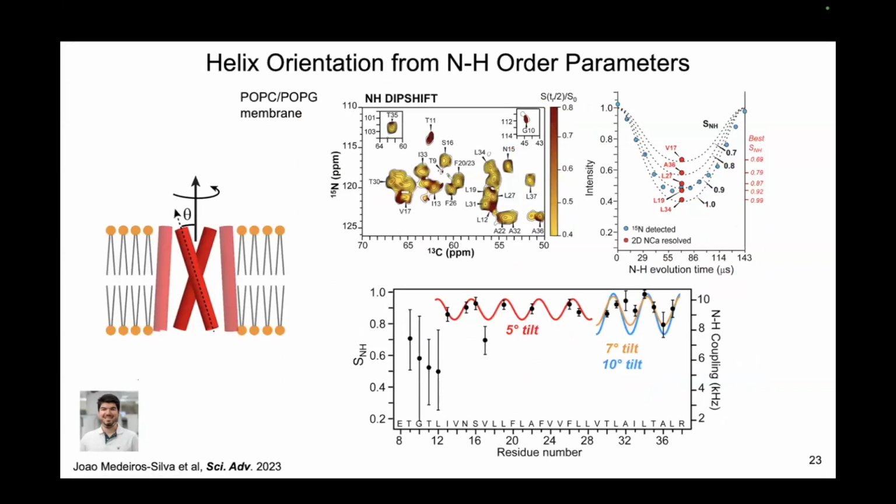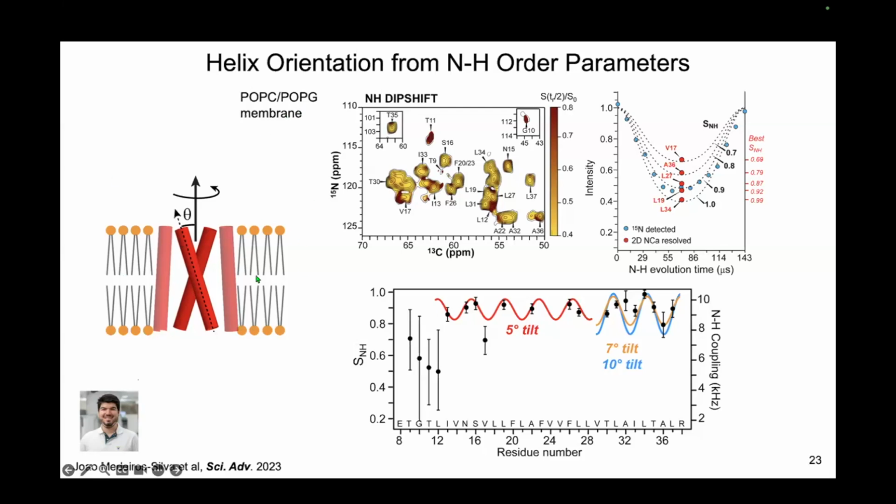Now, in addition to interhelical constraints, I want to tell you a little bit about helix orientation measurement. And here, this is obviously a very independent type of structural parameter, really orthogonal. The idea here is that we put our E TM pentamers into a slightly different lipid bilayer, POPC, POPG, which is low viscosity.